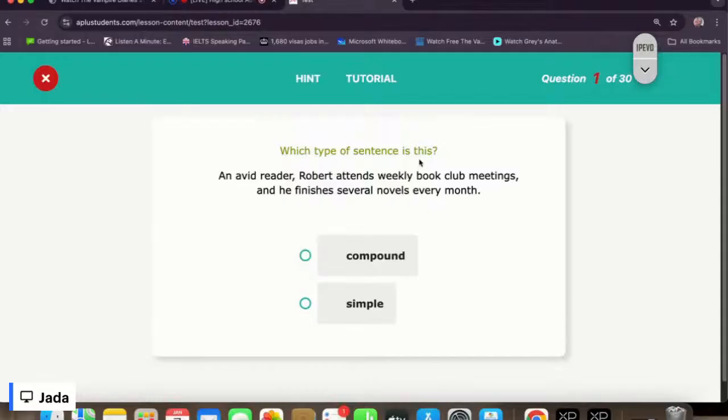Okay, so which type of sentence is this? An avid reader, Robert attends weekly book club meetings and he finishes several novels every month, first to second.